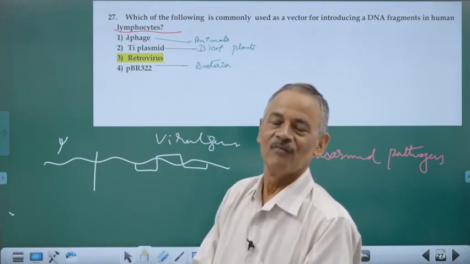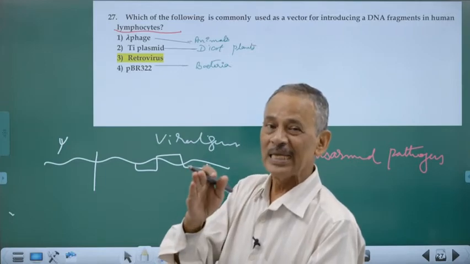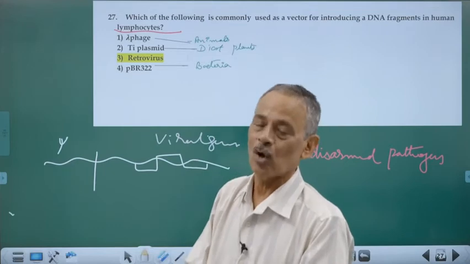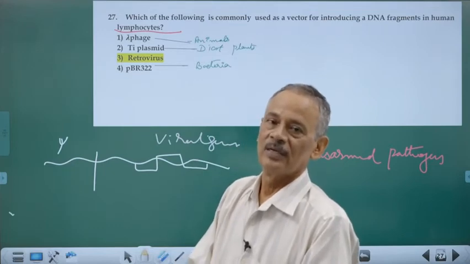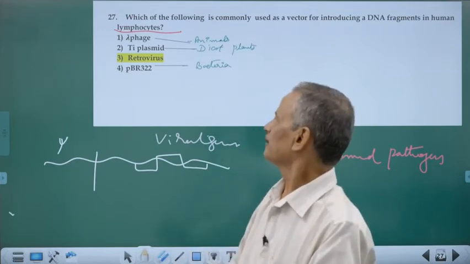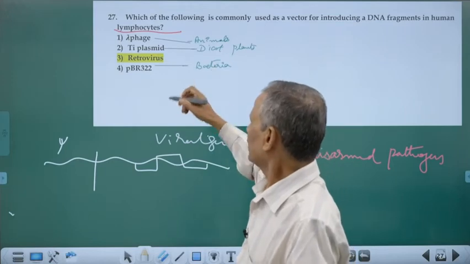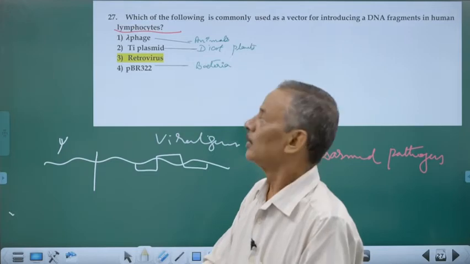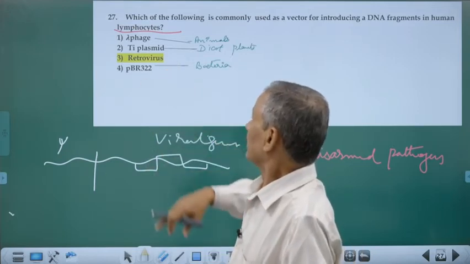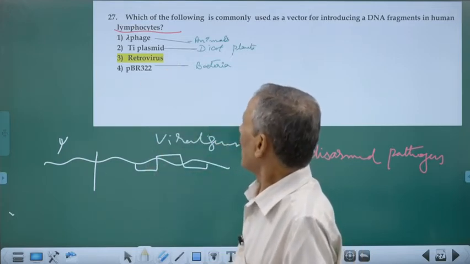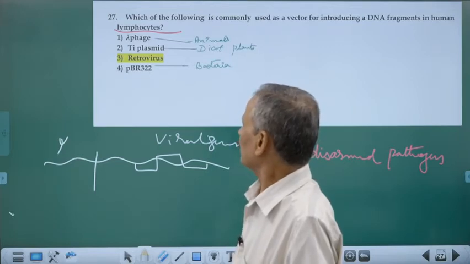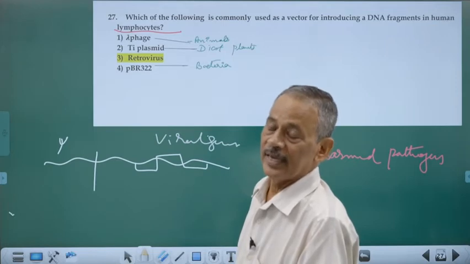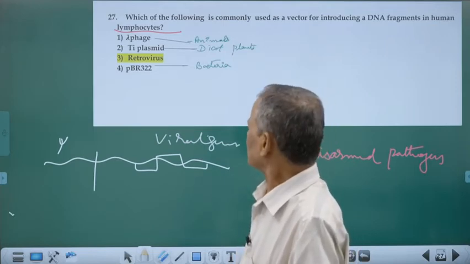We are surgically removing defective genes and replacing them with healthy normal genes. For that we use retroviruses. In early stages, we used alpha or lambda phages. They were all used for transferring DNA to animal cells.